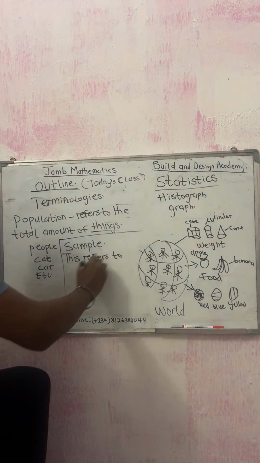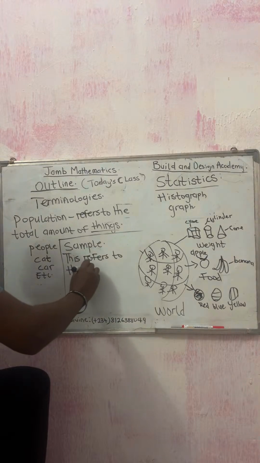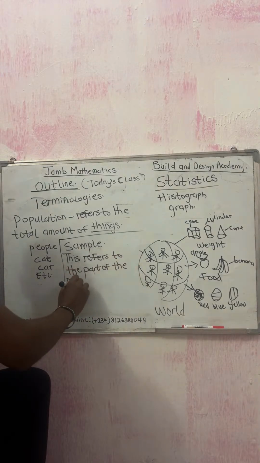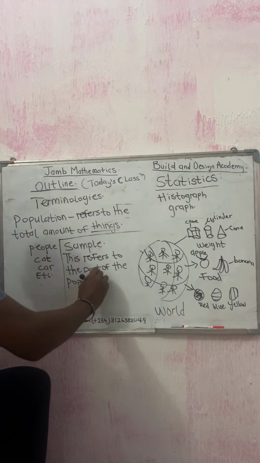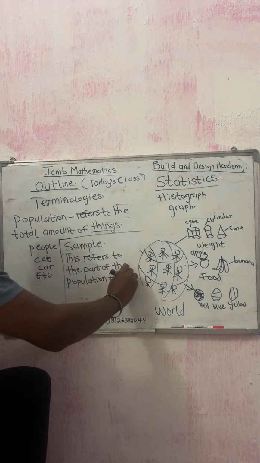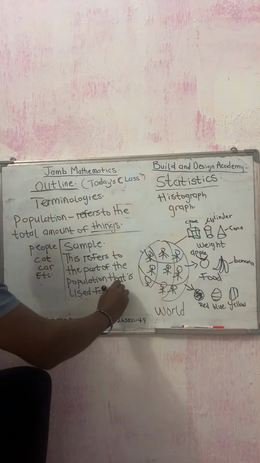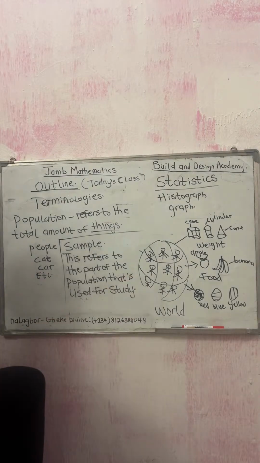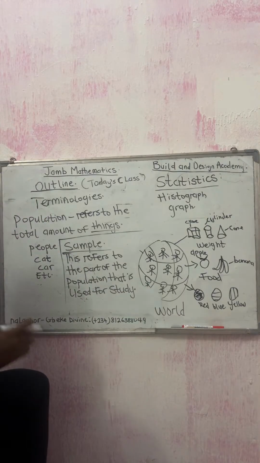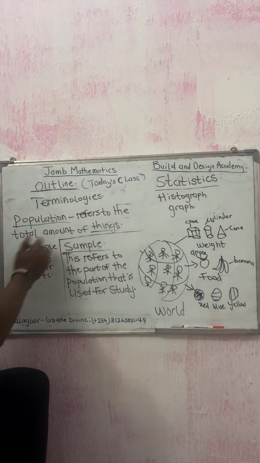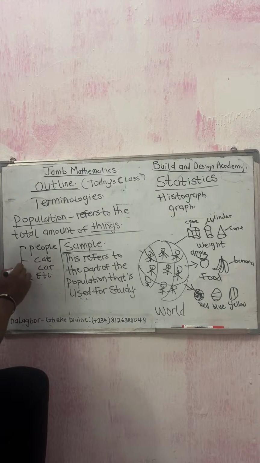That's what we refer to as sample. The part of the population that is used for study, while population is the amount of things. The things are either people, cats, cars, and so on and so forth.